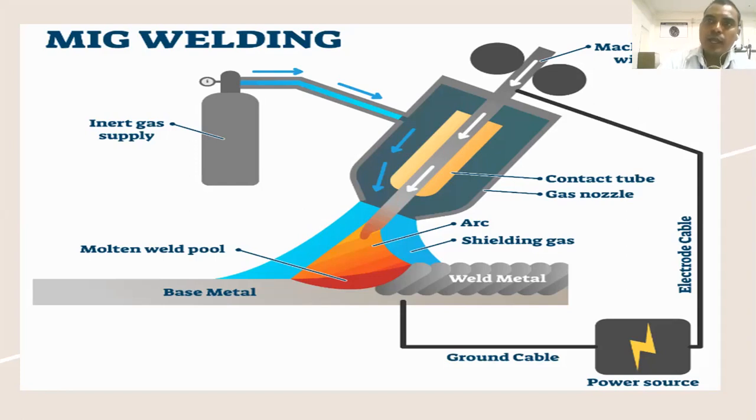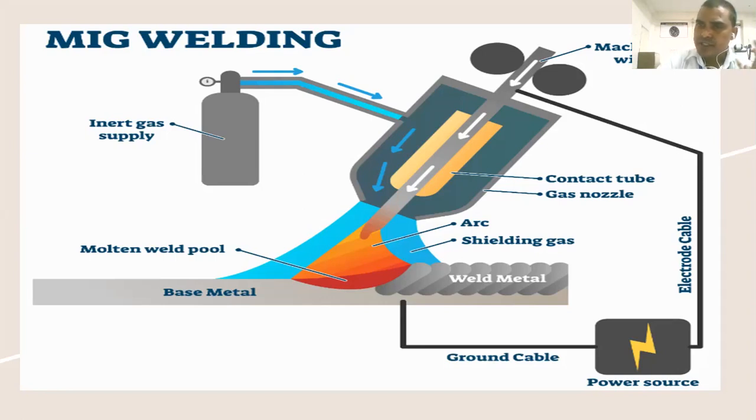When we discuss the application of MIG welding, it is suitable for welding a variety of ferrous and non-ferrous metals. It is also used in fabrication industries, shipbuilding, automobiles, pressure vessel industries, etc. MIG welding is also used for welding tool steel and dies.